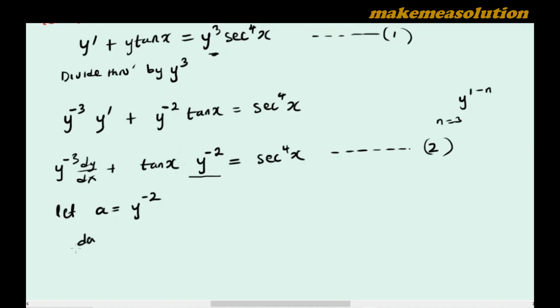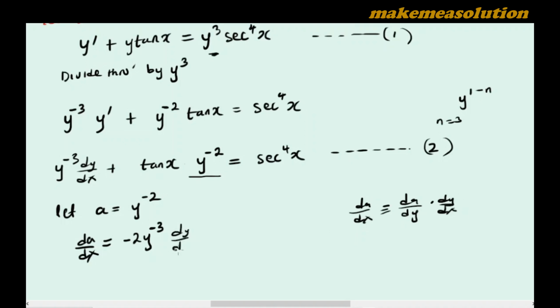So the dA dx, remember chain rule, the dA dx is actually the dA dy times the dy dx. So this dA dy means that I'll differentiate this one as if a was just a function of y. This will give me minus 2y to the power of minus 3. Then I'll now attach this multiplier dy dx.